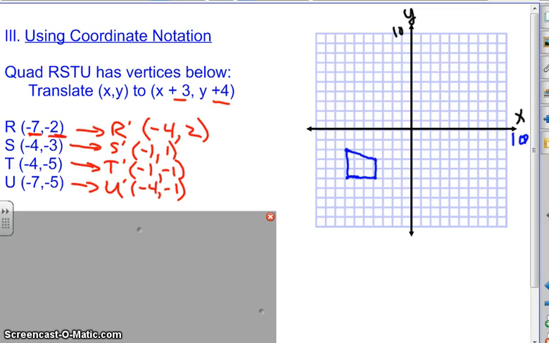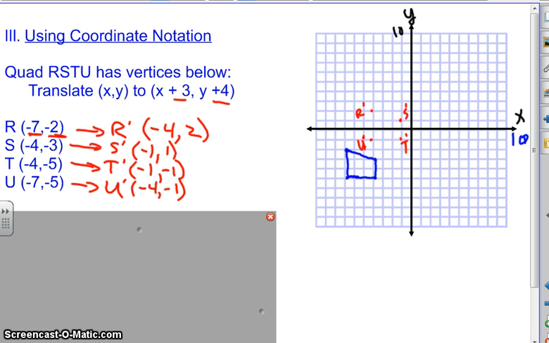So we can plot these. Don't forget to start at 0, 0, right? -4, 2 is R prime. -1, 1 is S prime. -1, -1 is T prime. And -4, 1, 2, 3, 4, -1 is U prime. And so to finish it, what would you do? Draw the segments, right, between them.